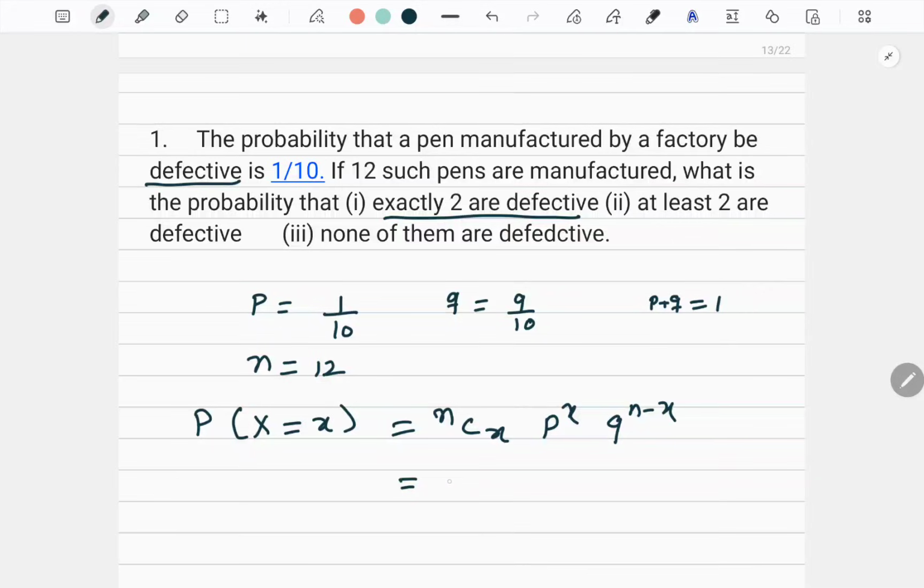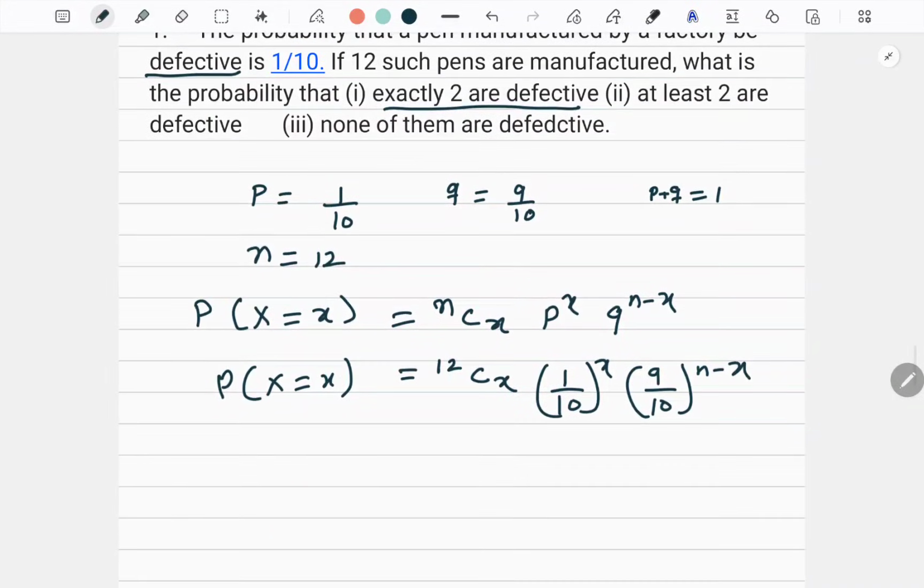For this particular question, it will be 12Cx (1 by 10) to the power x and (9 by 10) to the power n minus x. Correct? Now, let us do all the parts one by one. The first part says exactly 2 defective, which means probability for X is equal to 2. Right? So I will write 12C2.